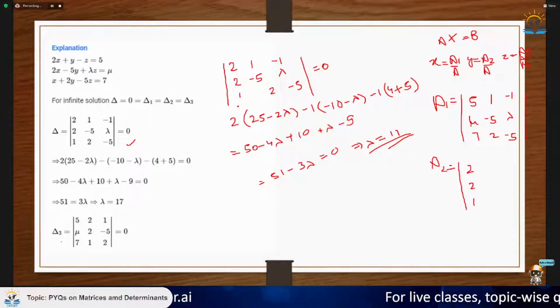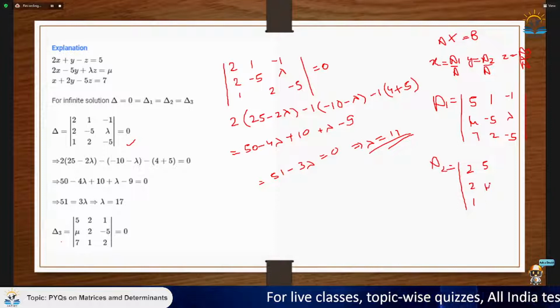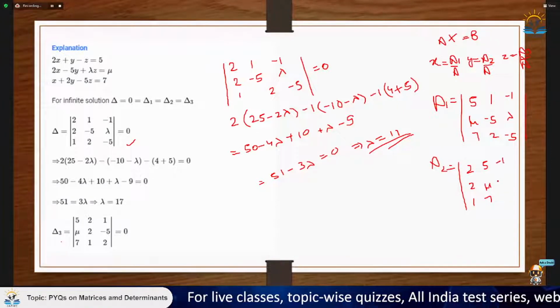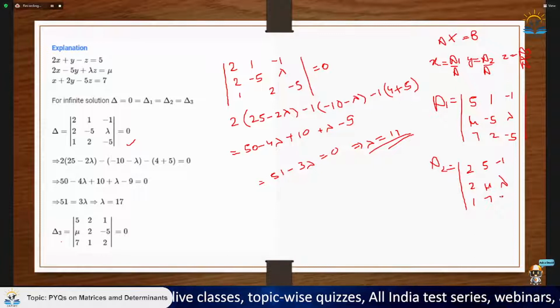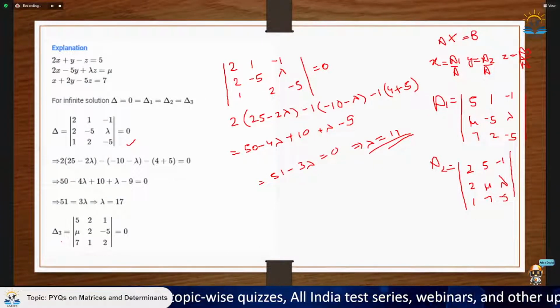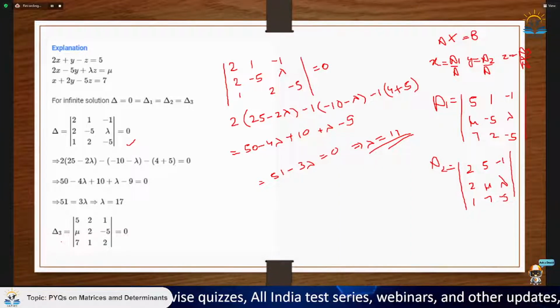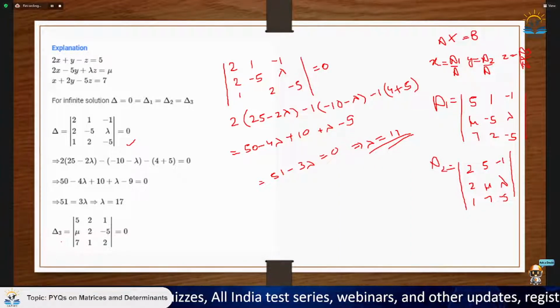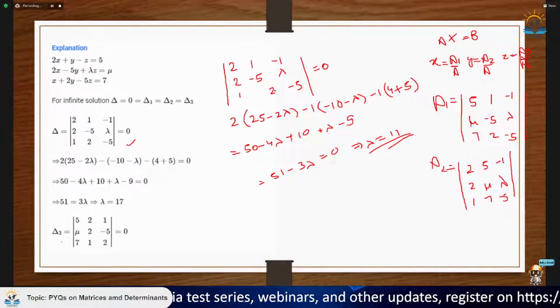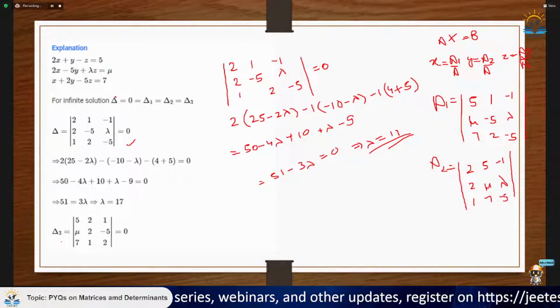Second row will change with coefficients of B, which is 5, mu, 7, and third row will remain intact, -1, lambda, -5. So A2 upon A is my value of y. Similarly, to calculate z, we will do A3 by A, where my A3 would be replacing the third row of determinant of A by 5, mu, 7.